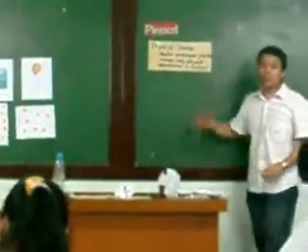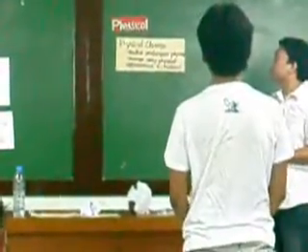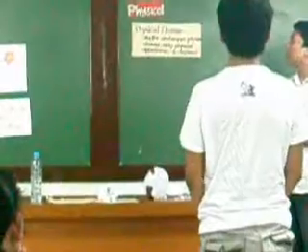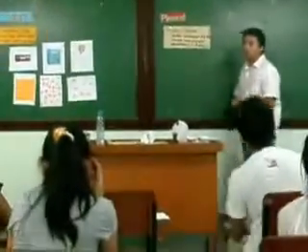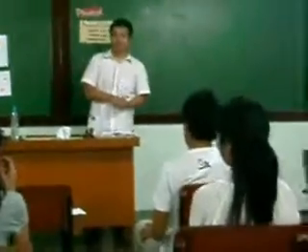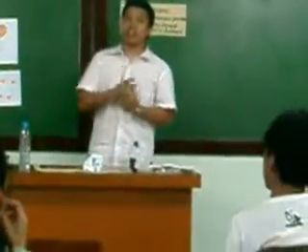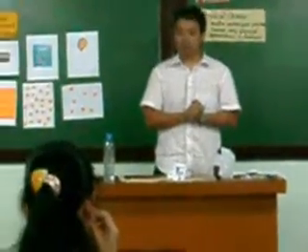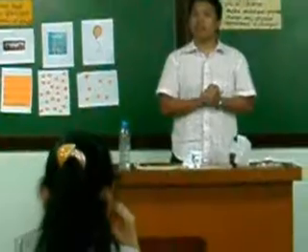Could you read the definition, Larry? A matter undergoes physical change, only the physical appearance changes. Okay, correct. Could you give me an example, Ira, of physical change? The paper. Okay.